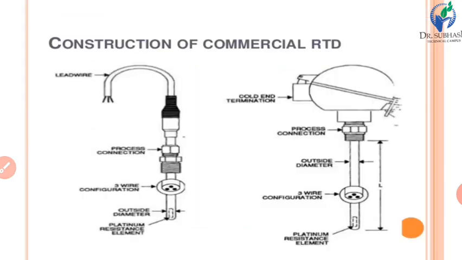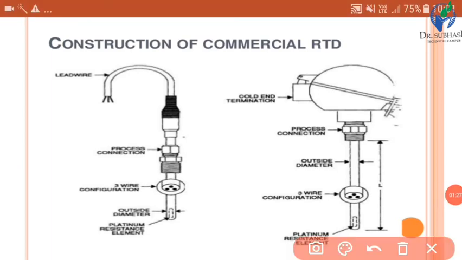This is the construction of a commercial RTD. Here we can see different components of the RTD. Here is the lead wire, then the process connection, then the 3-wire configuration, then the outside diameter, and at the bottom there is a platinum resistance element.